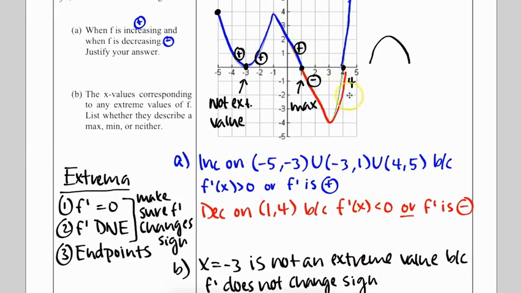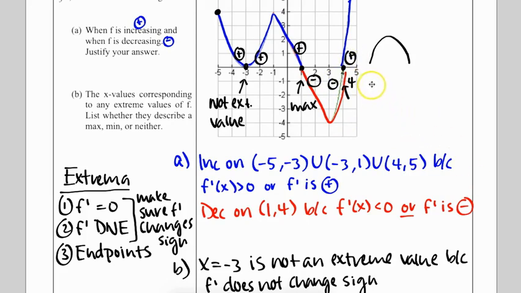Okay, now let's look at 4. This was supposed to be an arrow. I don't know if I wrote 4 there, but okay, this is an arrow. So at 4, to the left we are negative, to the right we're positive.